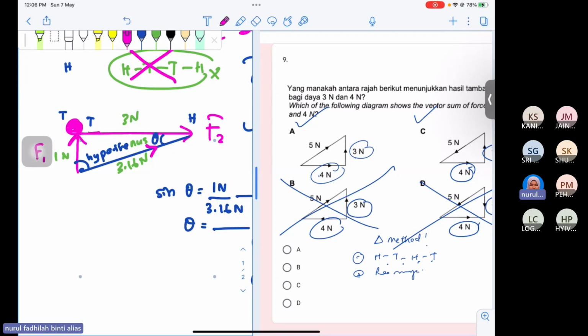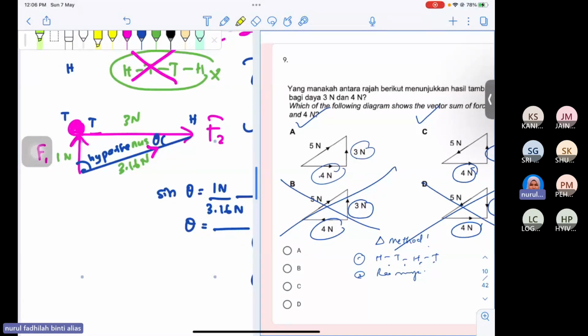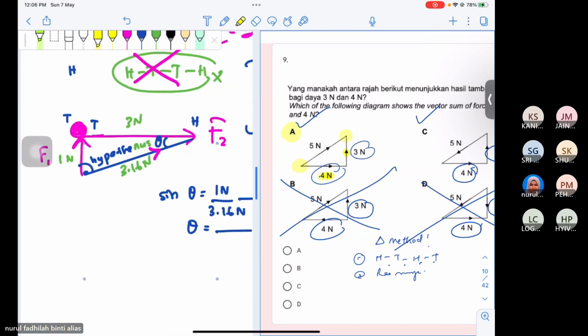Jadi jawapan dia A ke C? So kita tengok ni lah. Ini echo. This is still force 4 Newton. Ini head untuk force 3 Newton. You faham tak saya cakap head tail? Head tail ni faham. Jadi jawapan dia mestilah A, sebab dia mesti kepala orang lain, ekor orang lain.